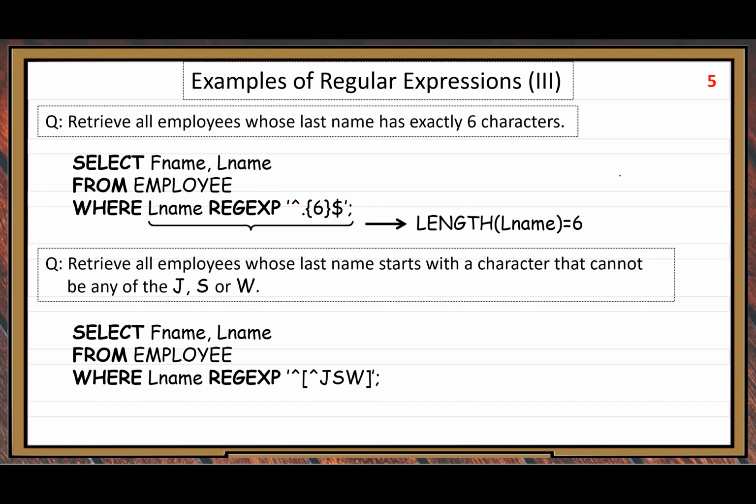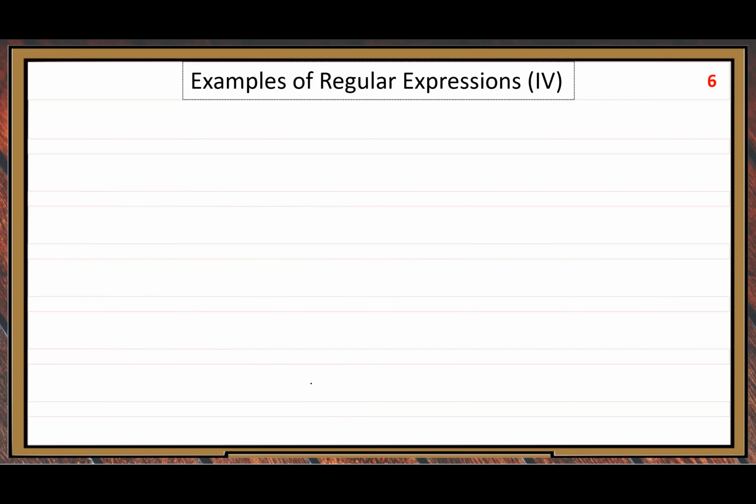This symbol outside of the bracket matches the beginning of the string. Inside the bracket, it means different, not from the list. So the first character cannot be J, cannot be S, and cannot be W. That's the meaning.